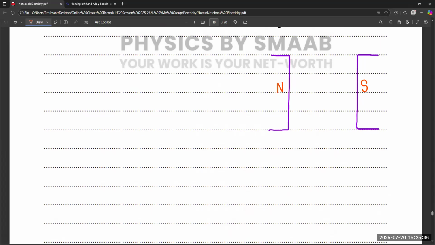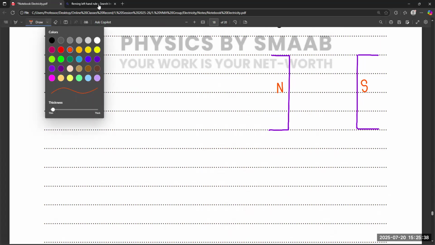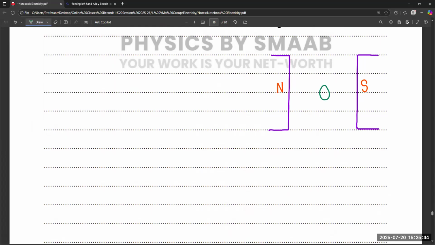And let's suppose a conductor is placed in the middle, and this shows you the direction of electric current.